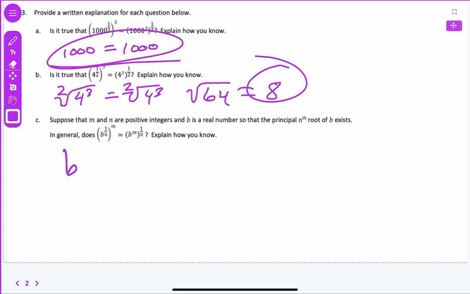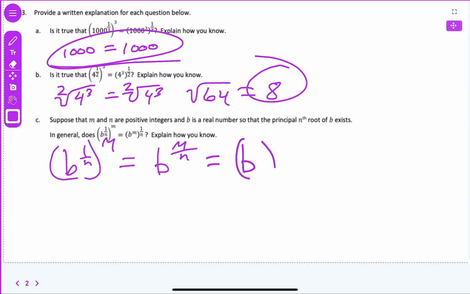So we could say b to the 1/n to the m. If we were to do that, that would equal b to the m over n, right? And we could rewrite that as b to the m to the 1/n. It's the same thing, just divided.